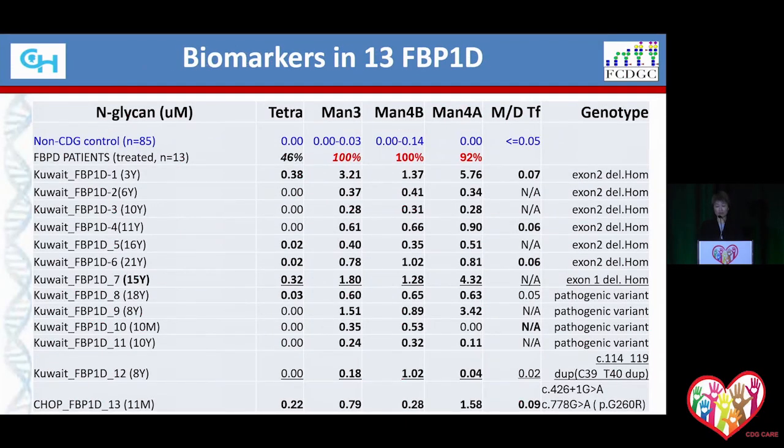I also have a colleague in Kuwait who sent me 12 FBP1 deficient patient samples, and we found all of them have an increase of MAN3 and MAN4, and 92% of them actually have MAN4A increased as well. So I'm convinced that FBP1 deficiency is a CDG as well.